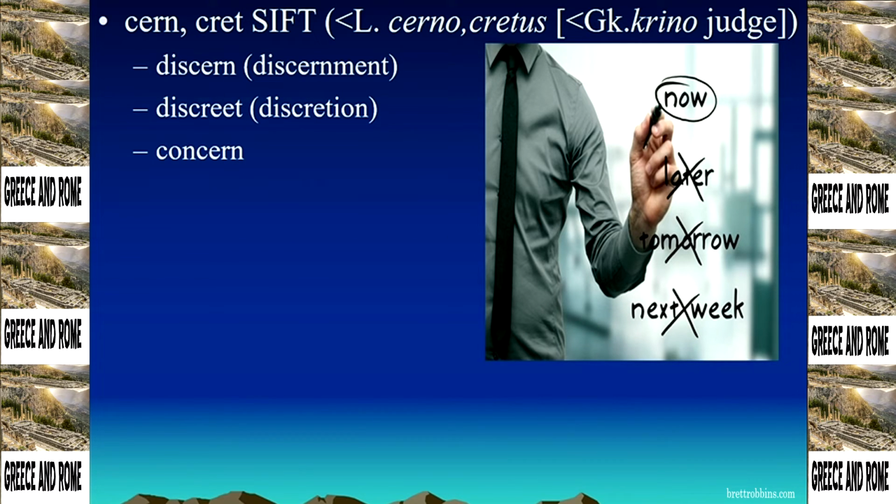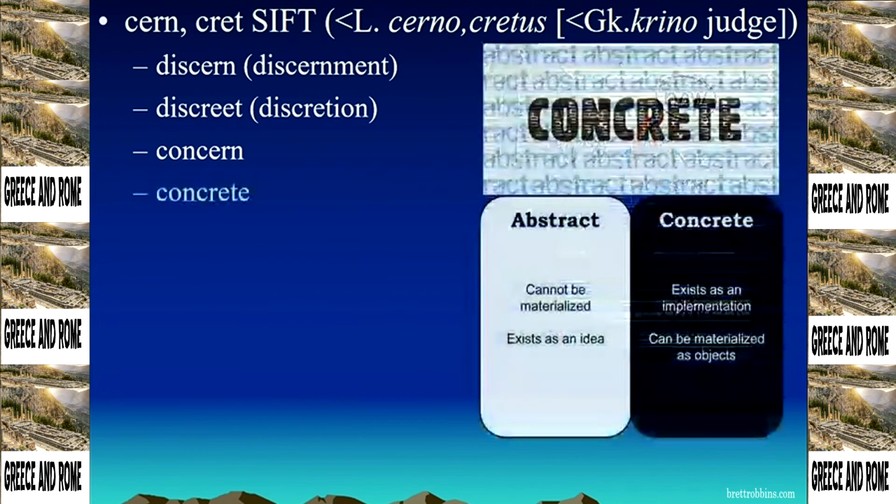That's being discreet. Got me, you guys? So it's a matter of how you focus on it. And they're pretty much synonyms, but two different perspectives on the same experience, right? You could say he's discerning by getting rid of later, tomorrow, and next week if the focus is on them rather than on now, right? So they're really the same thing, but seen from different angles.